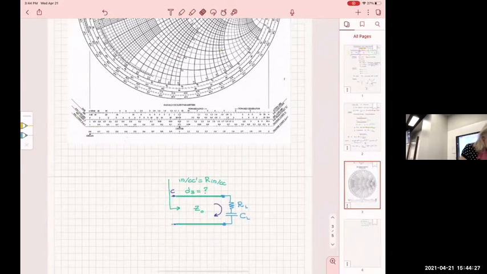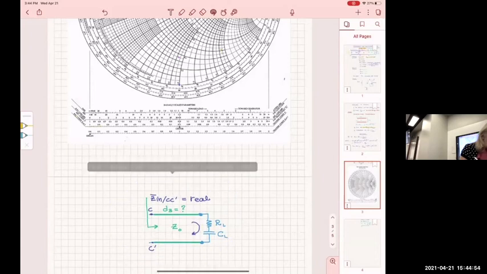So you remember what I need to do? I need to find D3. So this input impedance here on this transmission line at CC prime is real. That's all that I'm asking. And in fact, let me move it a little further down here. All right, that's what I'm trying to do.